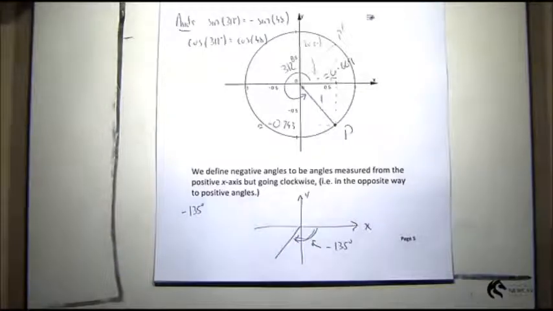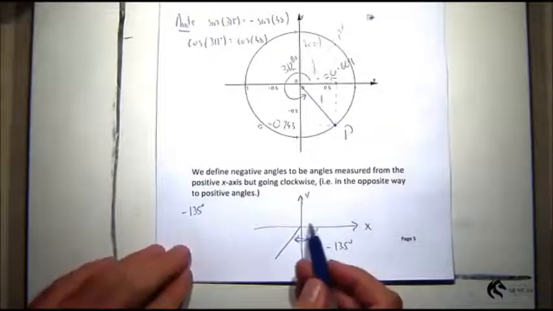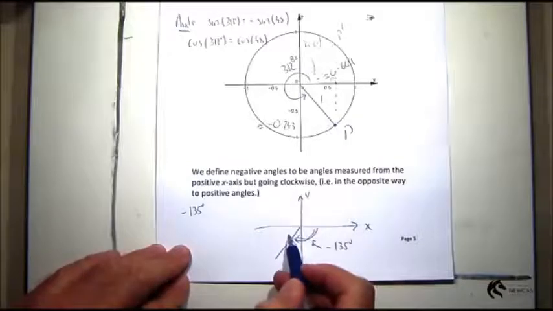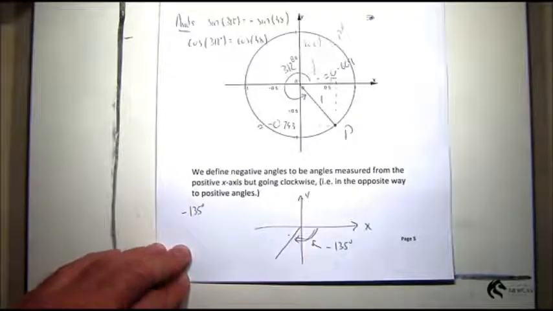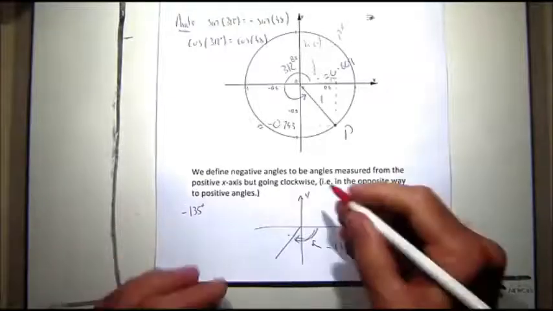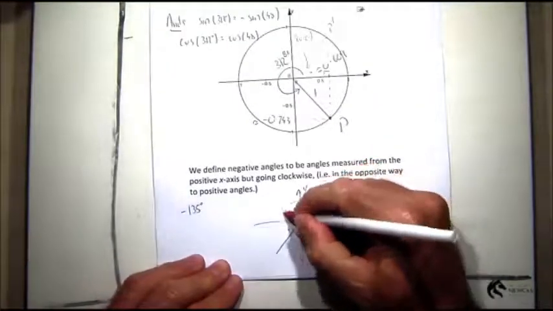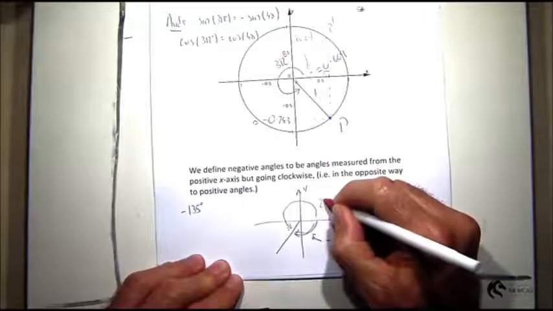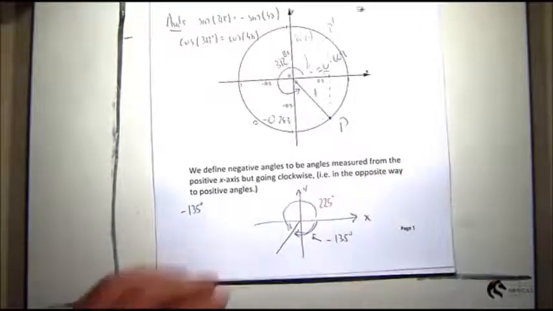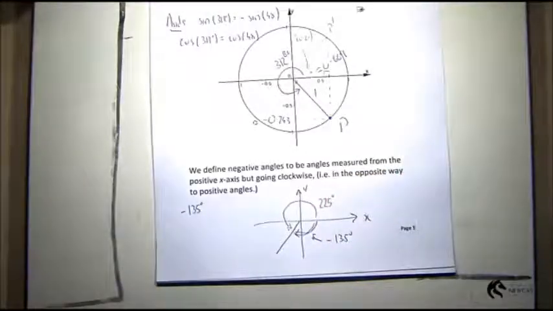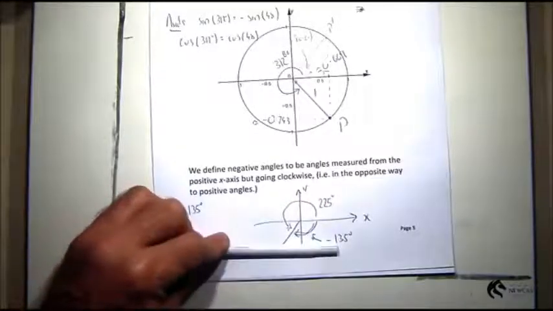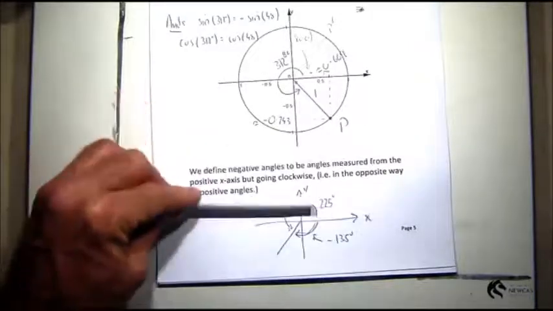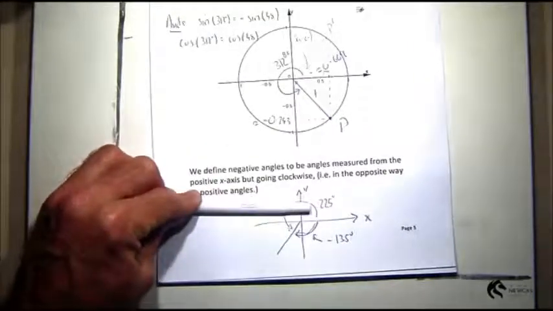So minus 135 degrees would be the same as going plus 225 degrees. You end up at the same point. So let's just put that in. That's the same as going around this way, 225 degrees. So if you were to find the trig ratios of minus 135, they would be the same as the trig ratios of plus 225.